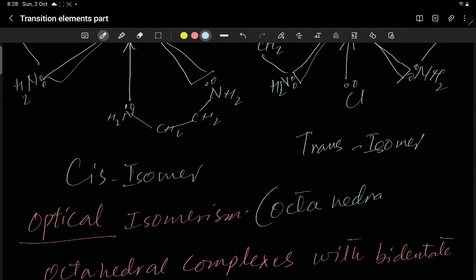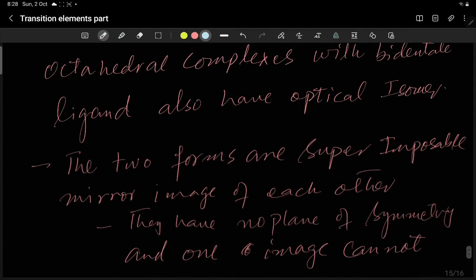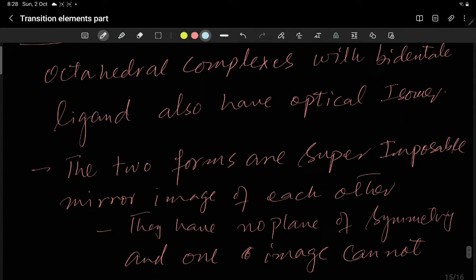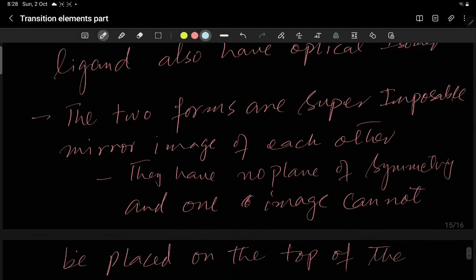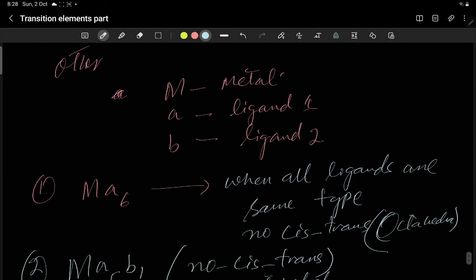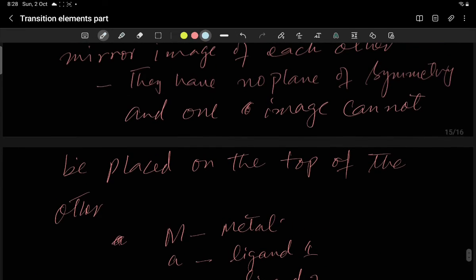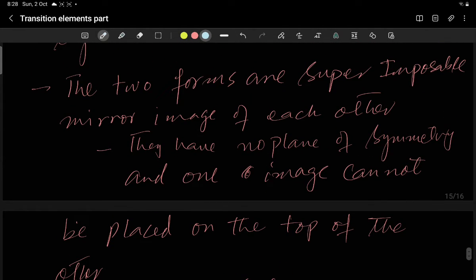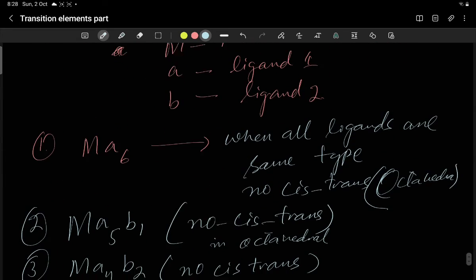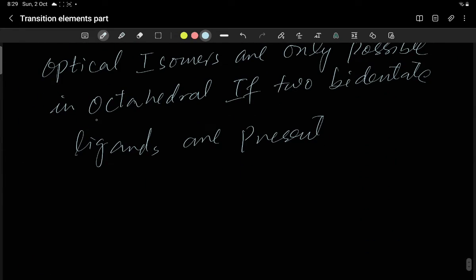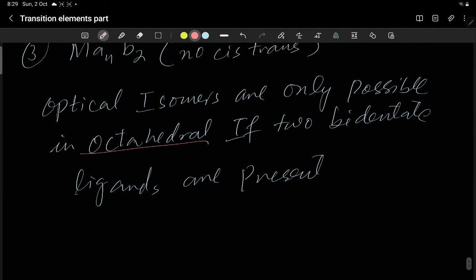So with two bidentate ligands, there are two forms. But in case of cis isomers, if this symmetry is there, then cis trans isomers are present. But if two bidentate ligands are attached to the octahedral complexes, then optical isomers are present.